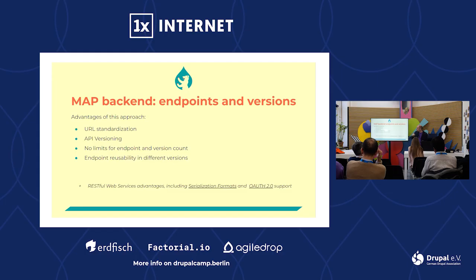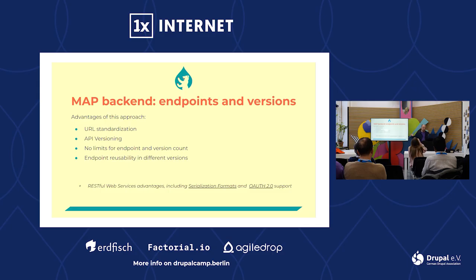So the benefits: URL standardization, API versioning, no limits. Under the hood, these are two things, map endpoint and map version. It's a custom config entity with its own form. You can create, delete, enable, disable, whatever you want. It's your custom code. And our endpoints are reusable in any version, so you can create one endpoint and attach it to all versions.